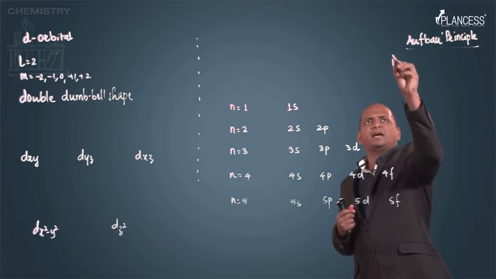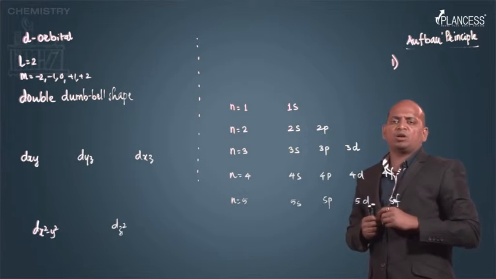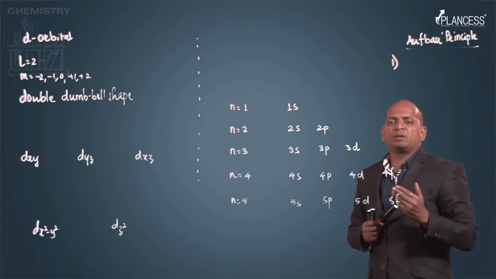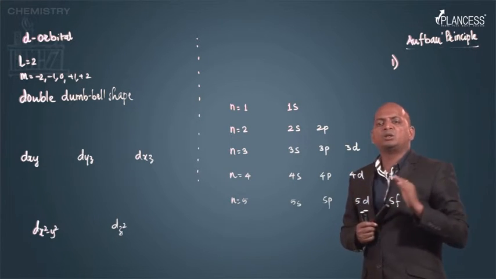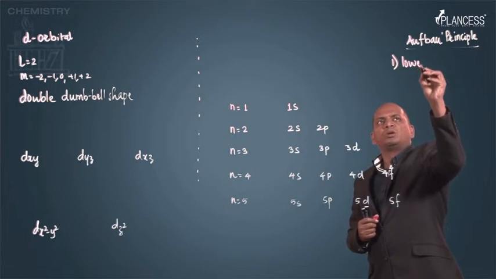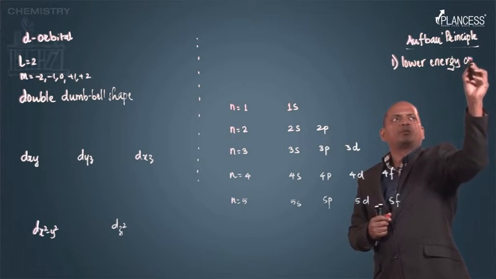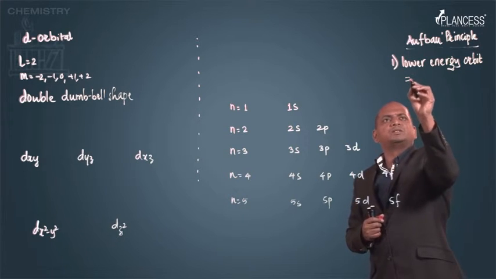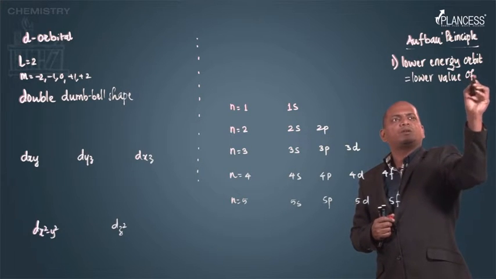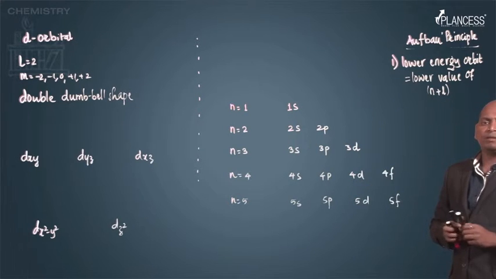The first criterion is that the lower energy orbital is one which has a lower value of n plus l.